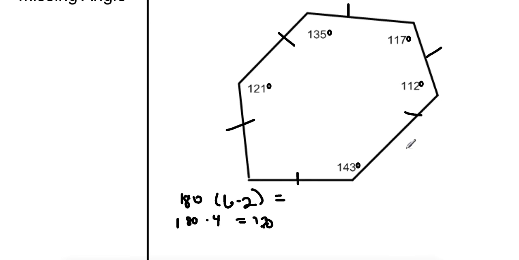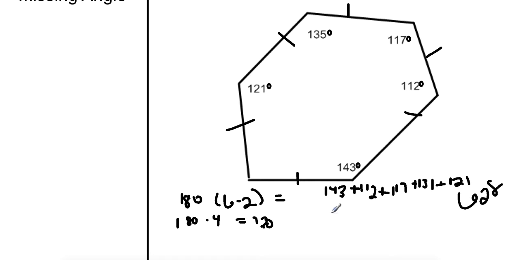Now I need to add up the other angles. So I would take 143 plus 112 plus 117 plus 135 plus 121. Let me quickly do that. And that gives me 628.